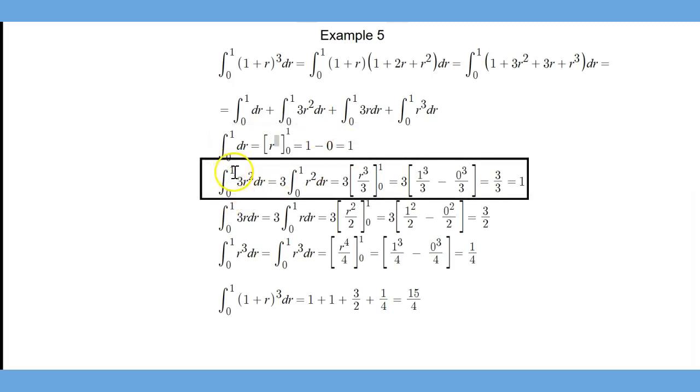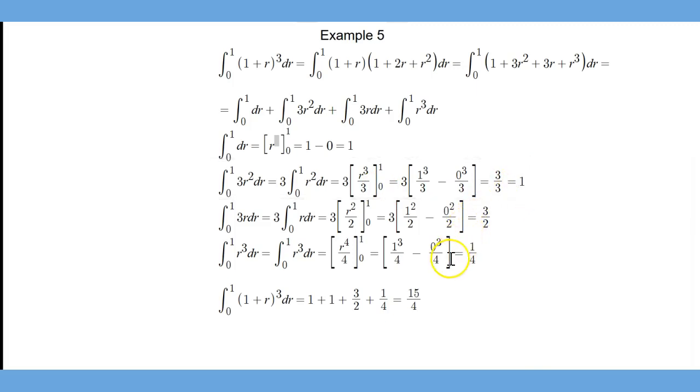For the integral from 0 to 1 of 3r squared dr, I factor out that 3, and I'm left with the integral from 0 to 1 of r squared dr. Using the power rule, I add 1 to the exponent, divide by that, evaluate that antiderivative at the limits of integration and subtract. Again, I get 1. Continuing on using the power rule, and then adding up each of these integrals, I get a value of 15/4.